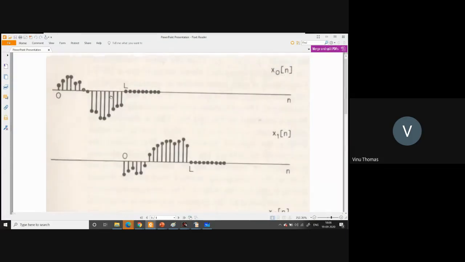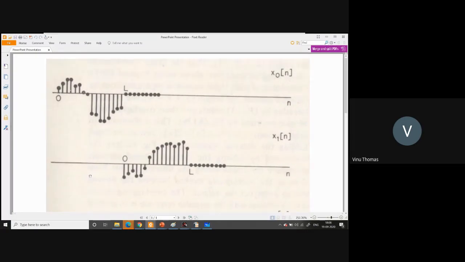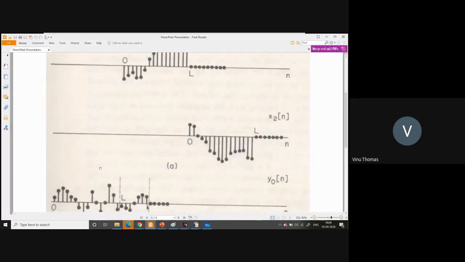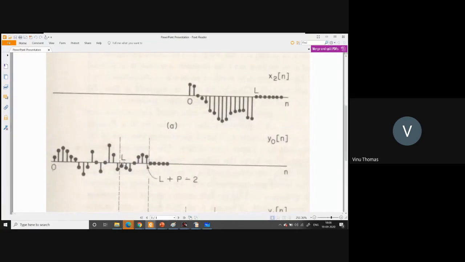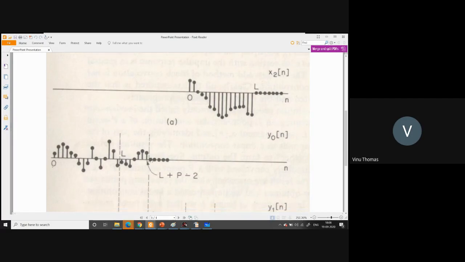Now x0 of n had only L samples, whereas y0 of n has L plus P minus 1 samples. So there are additional samples here. Obviously the values are different, but you have more samples here, from L to L plus P minus 2.